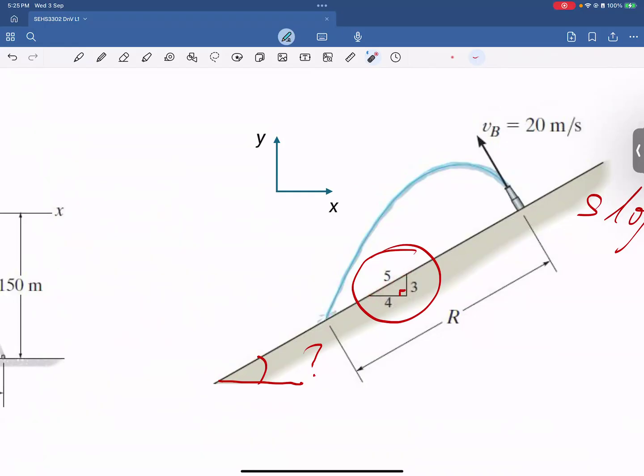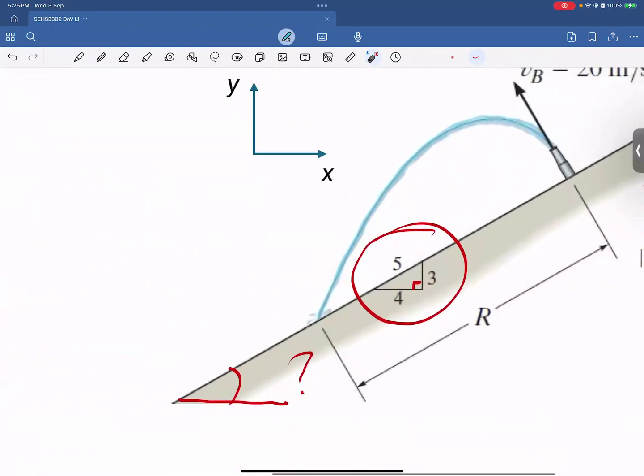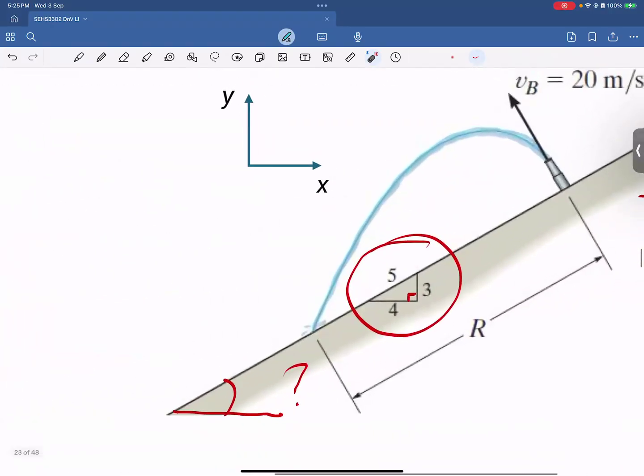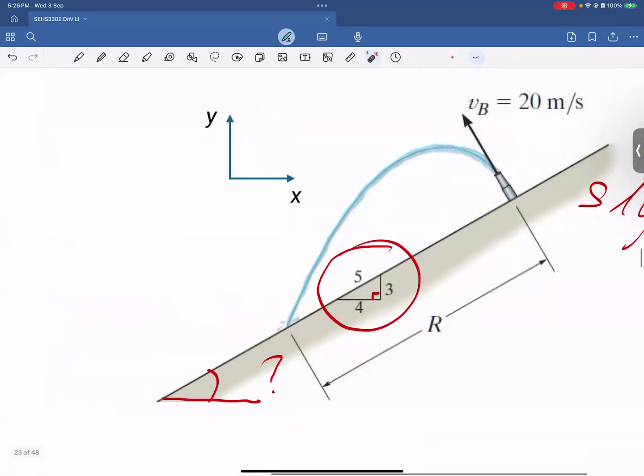3, 4, 5 is a very, very common number group. So how do we use it to find out the unit vector? Actually, it's quite easy.